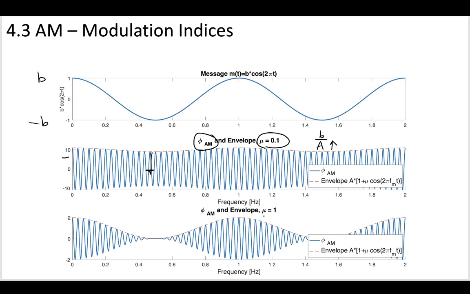Now, what if you chose the largest index possible? Recall that we had the criteria that our index should be between 0 and 1. If we make it the largest index possible, then we can see that the amplitude of our modulated wave does go up to 2.